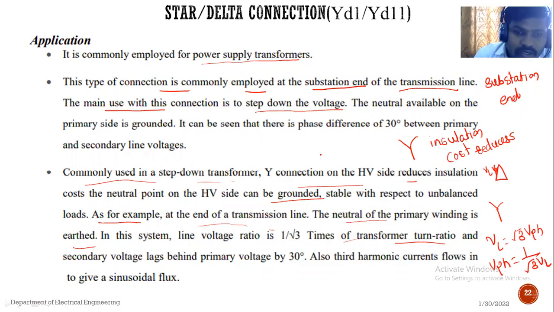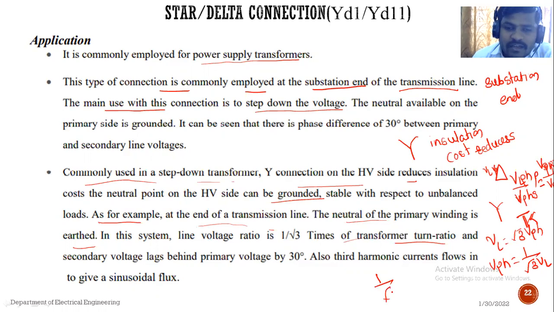Okay, so according to the turns ratio, that is VPH of the primary divided by VPH of the secondary, याचा जो काही turns ratio असेल, or we can call it the transformation ratio K, it will be 1/√3 times that of the turns ratio.